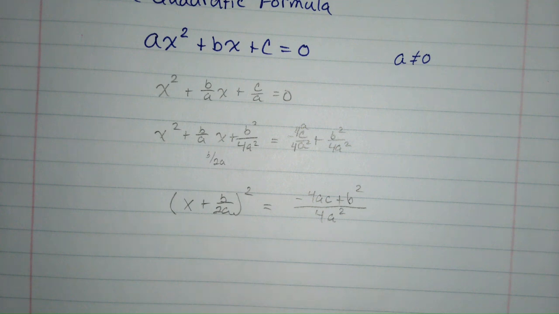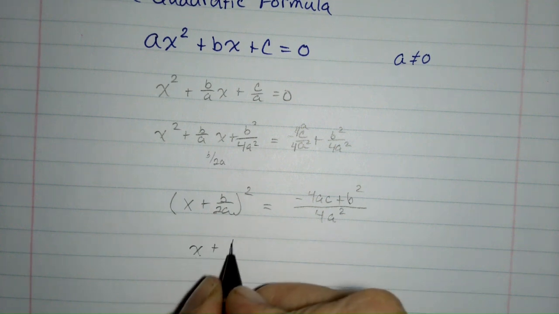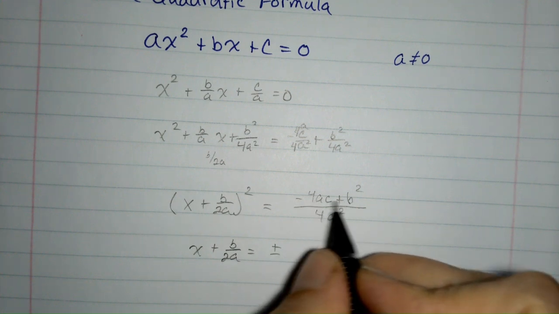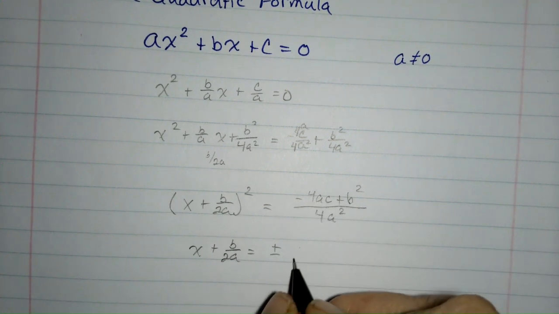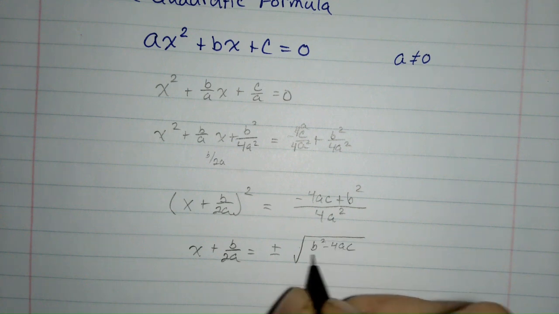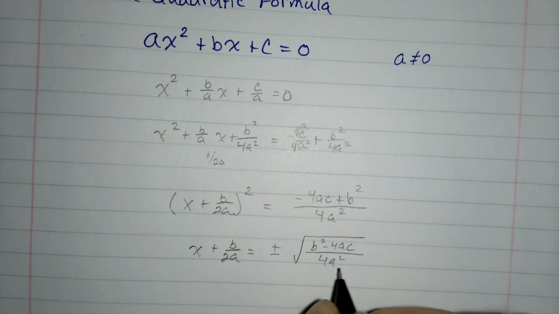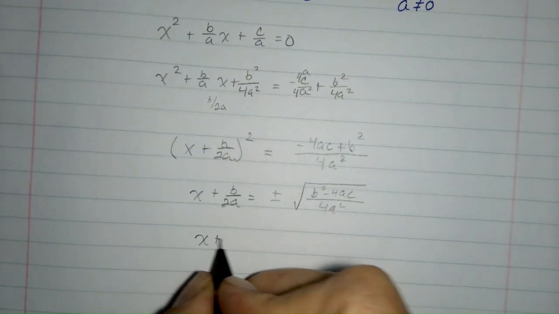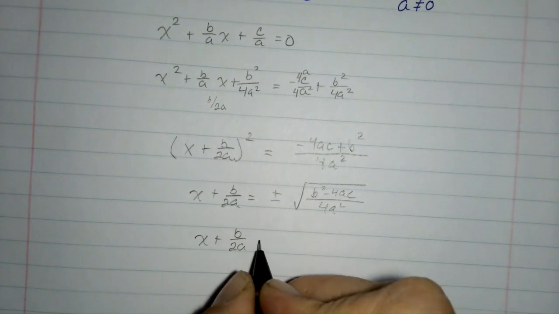We're going to use the square root of both sides. Plus or minus. I'm going to switch the order of this. I'm going to write b squared minus 4ac, and I'm going to write 4a squared. Again, we have to fix that denominator. The denominator must not have a radical.